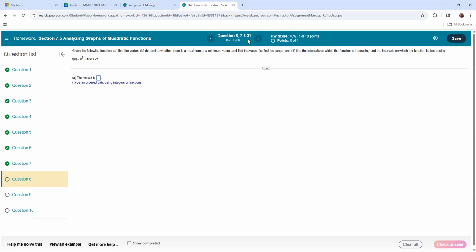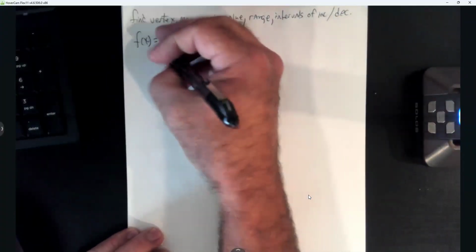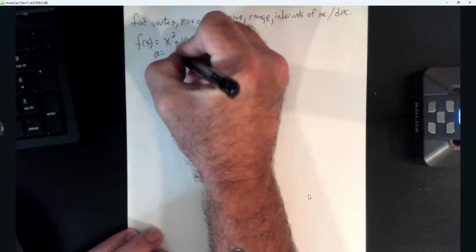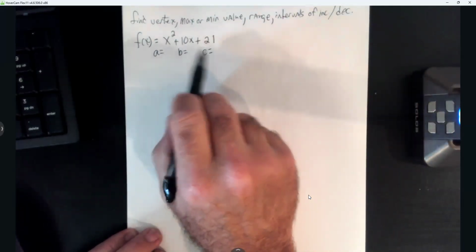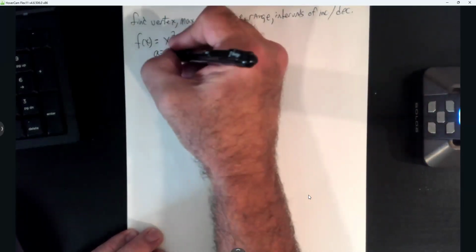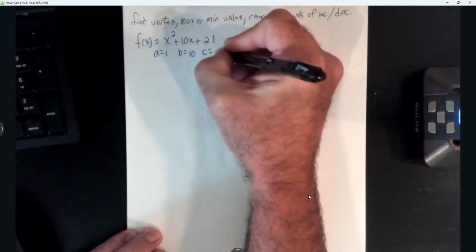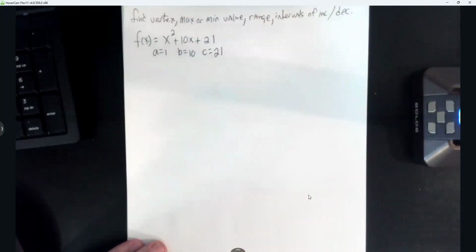Now, they did do a little bit new stuff with the range and then the intervals of increasing and decreasing, but we've dealt with them before, so let's see what we'll do. First, we're going to get A, B, and C. So 1, 10, 21. So y'all, let me ask y'all this.